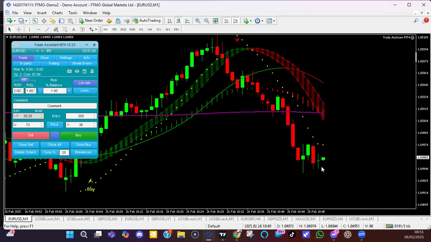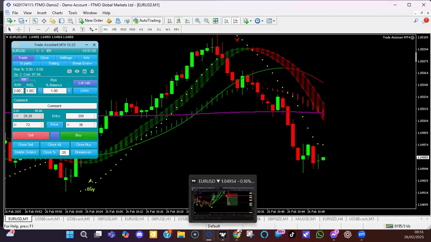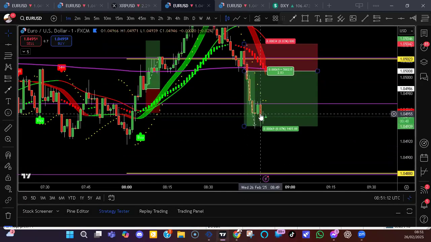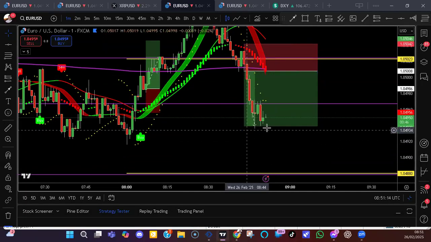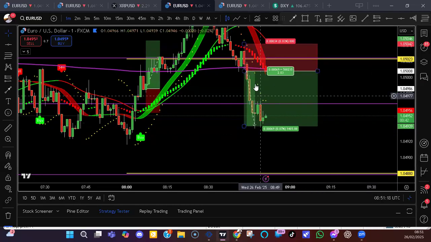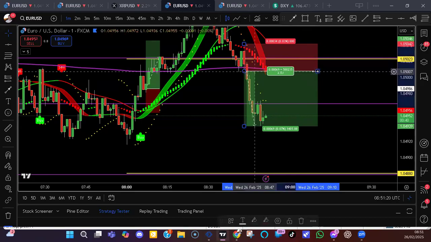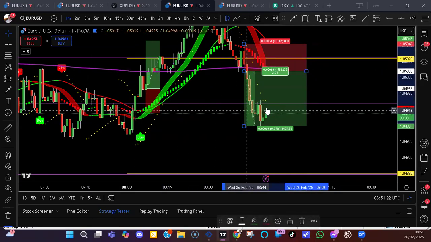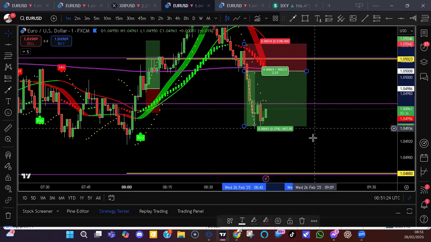And because we're hanging around this area, I took that trade. So I took that trade about there. And as you can see, look, again, it's hanging around this support and resistance line.